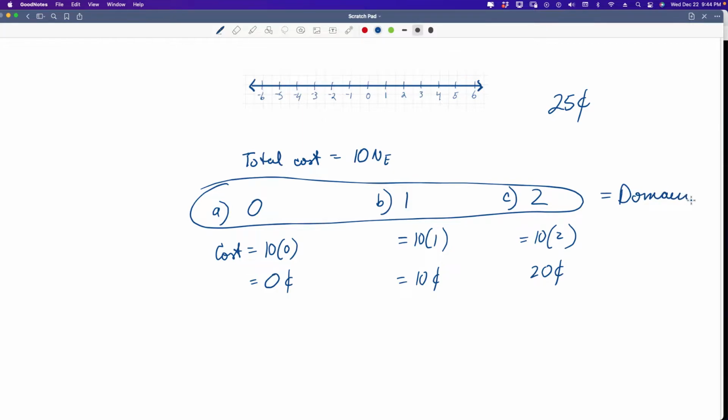And a domain is just, like I said before, the set of acceptable replacement values, or not necessarily acceptable, but permissible, the ones that feasibly could happen given a certain set of conditions. So in this set of conditions, she either bought none, 1, or 2. That's it. That's all she could do.